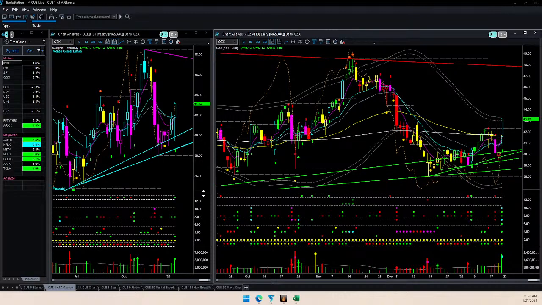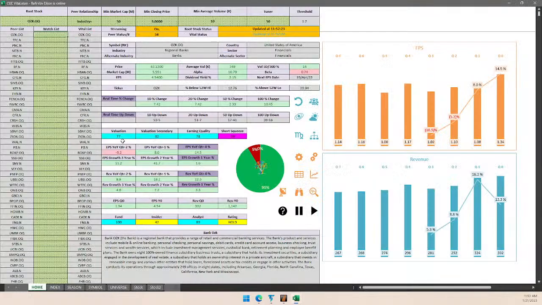And in terms of fundamentals, let's look at that. There also it is stronger. For PNC, the valuation was medium, and we have undervaluation in OZK. Secondary valuation is also great. Great earnings quality, some earnings growth, fund accumulation is strong, and of course it's in the same industry as PNC. 91% of peer stocks went up.